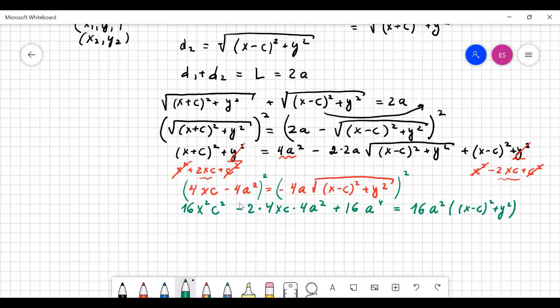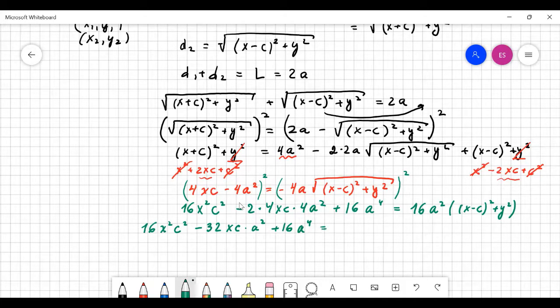Let me see what we can simplify right now. I think I'm going to open this parenthesis on this side and now match the terms on this side and then that side. So I'm thinking to first copy the left side: 16x squared c squared minus, and what I have, 16, 4 by 4, and 2 is going to give me 32xc by a squared. And here I'm going to have 16a to the power of 4. What I'm going to have on this side?